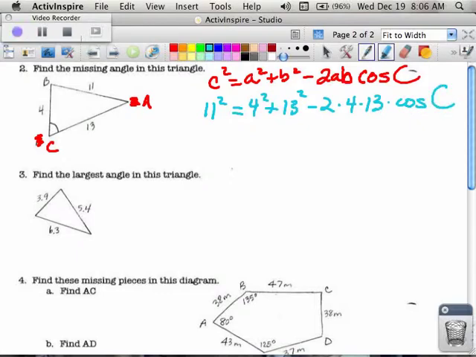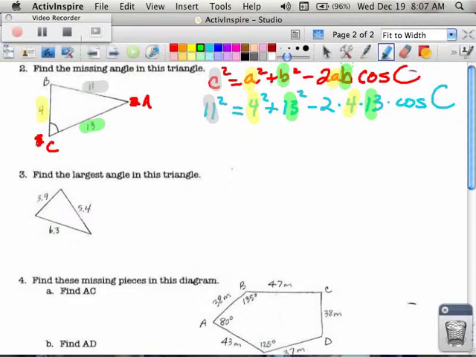So all of these things are coming from somewhere. The number 4 is here and here. The number 13 is here and here. And the number 11, which was the C, is right there. So here are their respective places, in case you were wondering. And we don't know angle C, and that's what we're looking for.